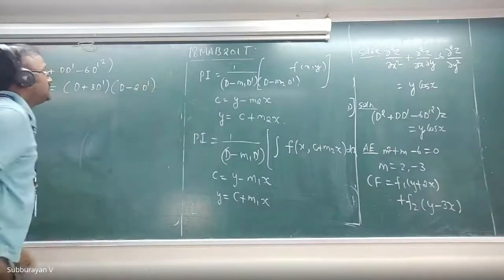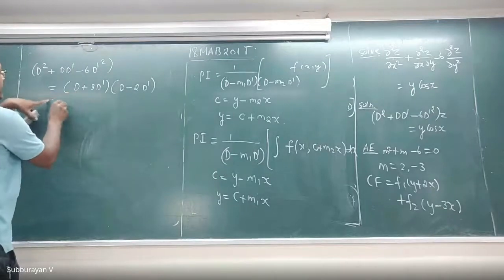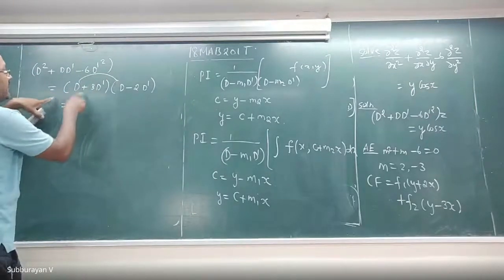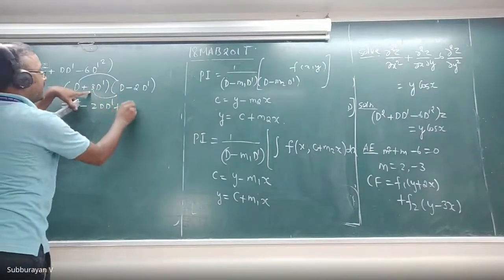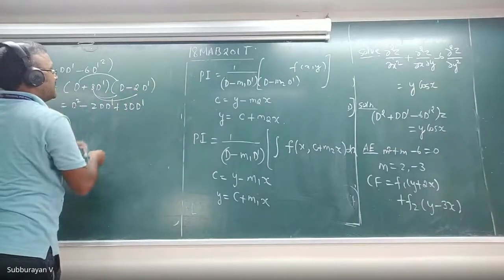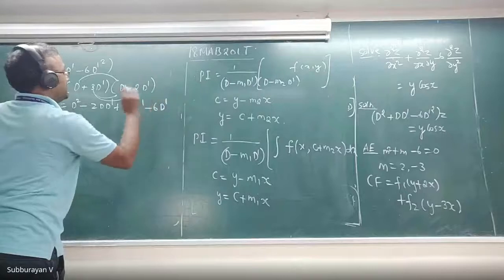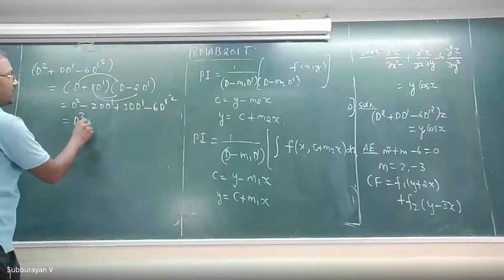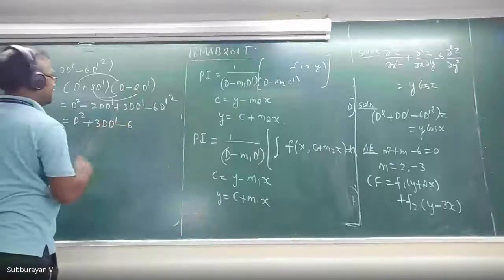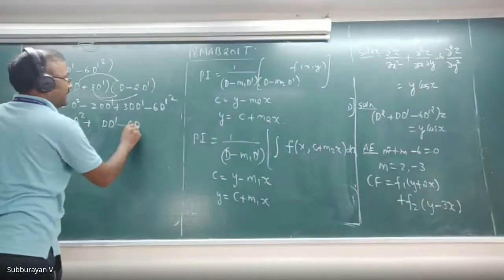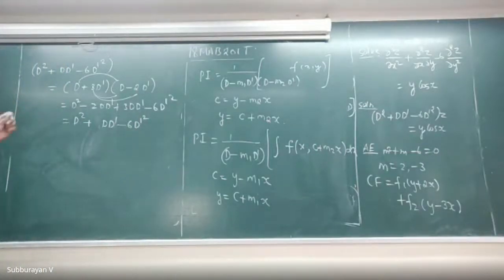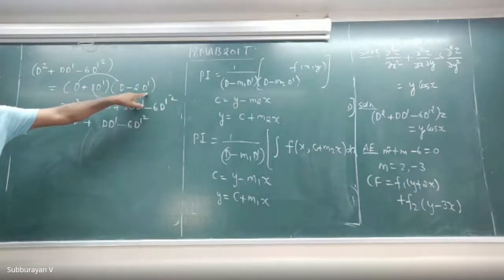Just verify it. This gives D square, then minus 2D dash, and this is plus 3D dash, and this is minus 6 D dash square. The D D dash terms give only 1, minus 6 D dash square. Therefore the factorization of this operator is D plus 3D dash into D minus 2D dash.